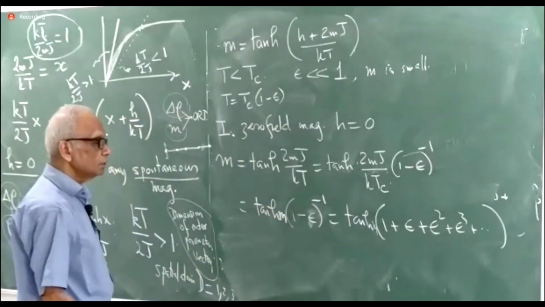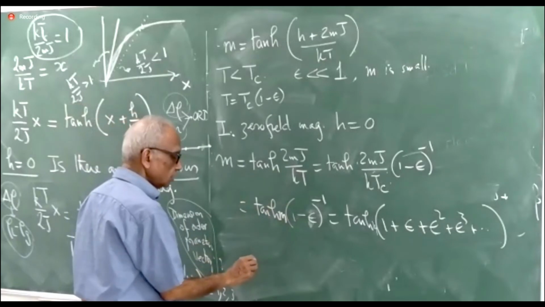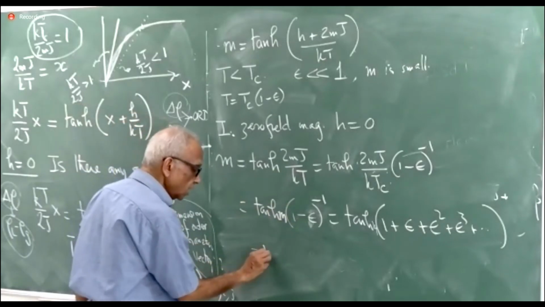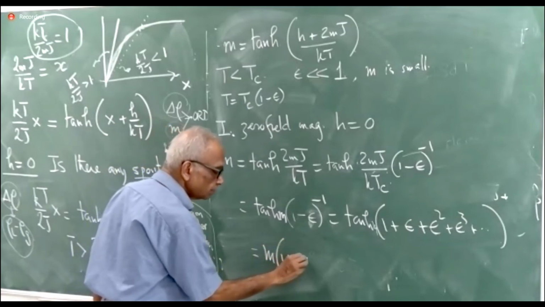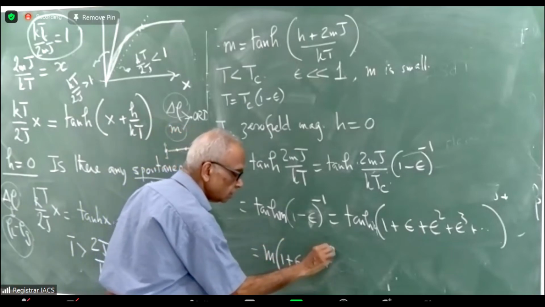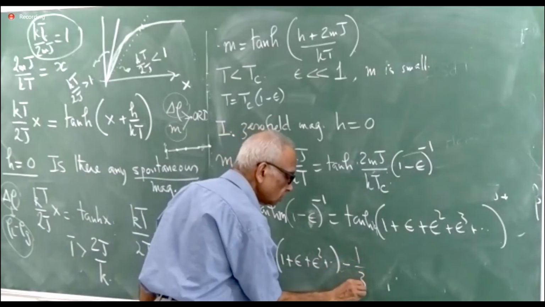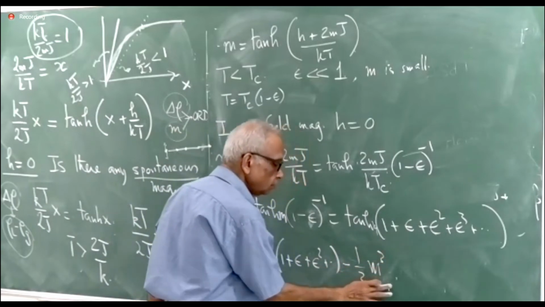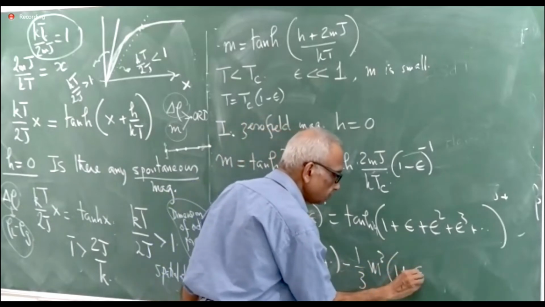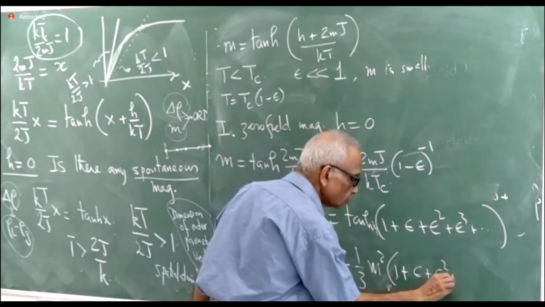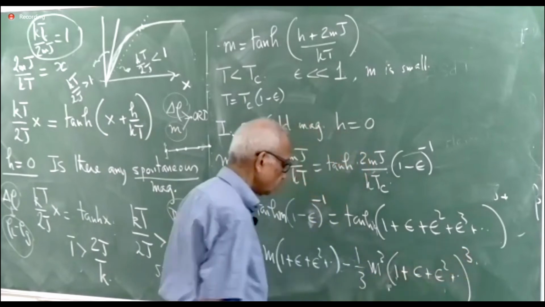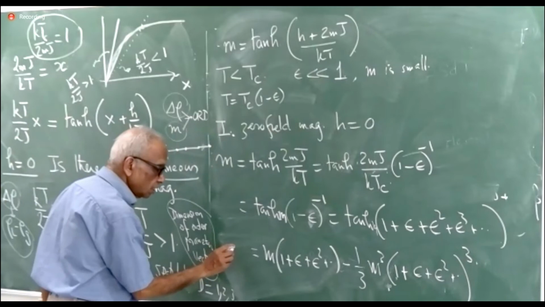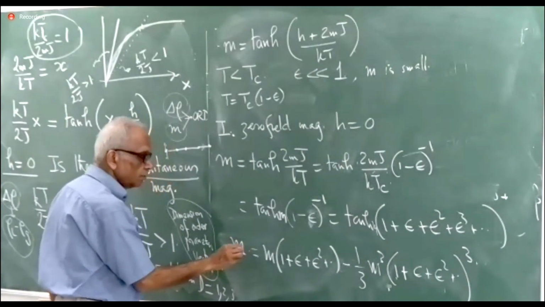So that's equal to tan hyperbolic. Term number 1, tan hyperbolic expansion: M into 1 plus epsilon, and so on, minus 1/3 into M cubed into 1 plus epsilon, and so on, to the power 3. So this is equal to M over here.